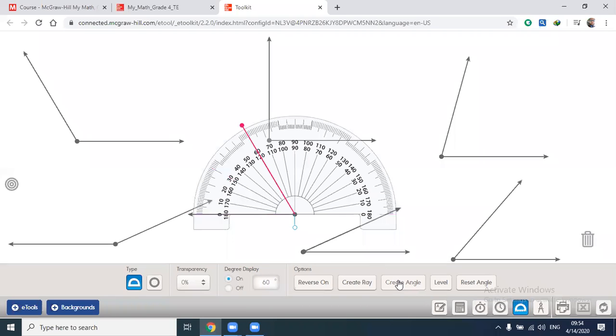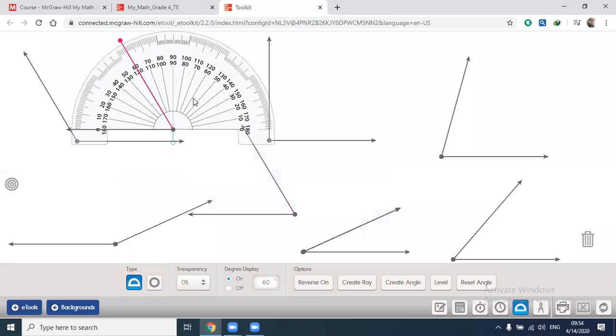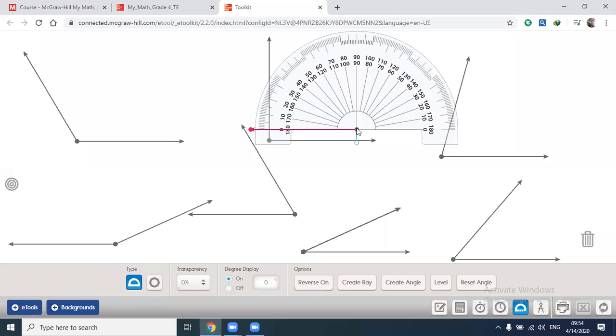But how to measure it? Now I have an angle. To measure any angle, just place your protractor, which has 0 in both directions, right and left, with its center point at the vertex.